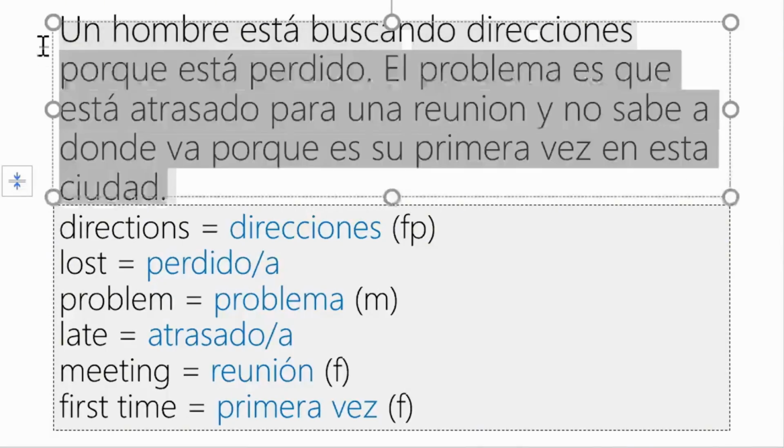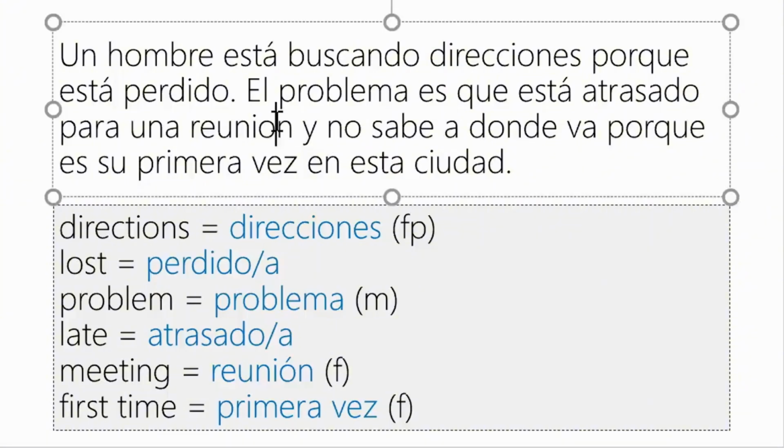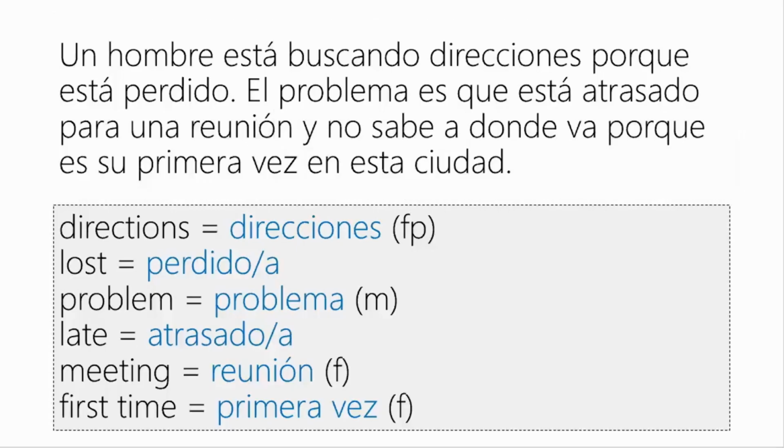So let's make this a little bit smaller to fit it in. So we have un hombre está buscando direcciones porque está perdido. El problema es que está atrasado para una reunión. This should have an accent over the O here. Y no sabe a dónde va porque es su primera vez en esta ciudad.